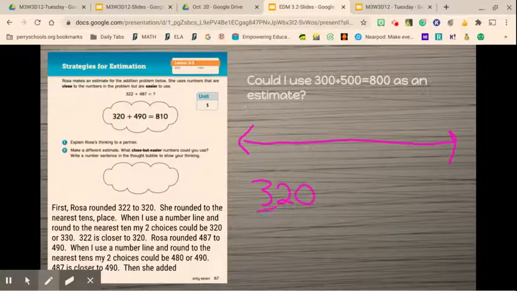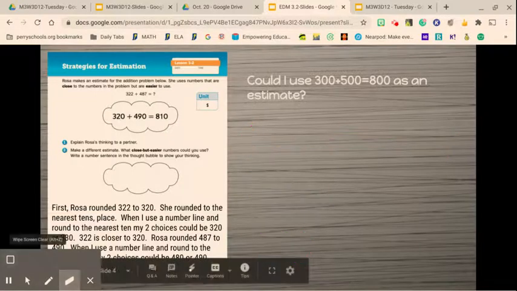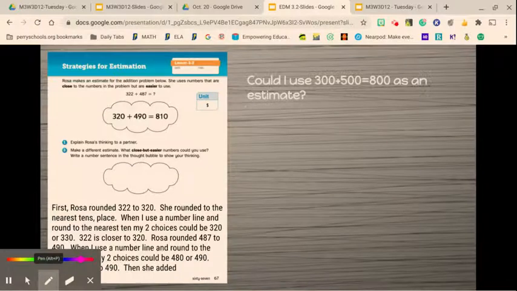So I know that there's a 3 in the hundreds. To find the number on the left, my 3 is going to stay the same, and then I want to have zeros. And I keep forgetting that my number is 322.